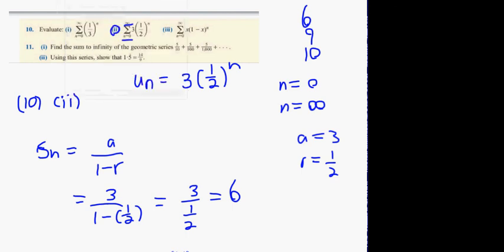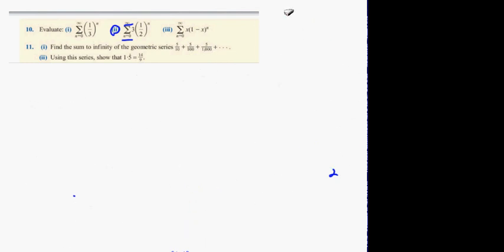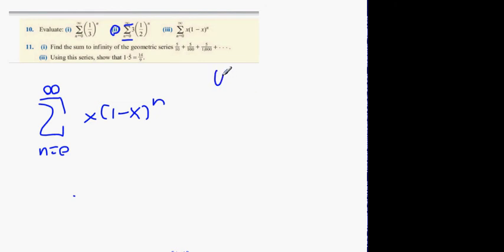Okay, so now we're on 10 part 3. In 10 part 3, we have the sum of infinity, n equals 0, of x times 1 minus x to the power of n. Okay, so we have to find out what's going on this time. Once again, U0 is x multiplied by 1 minus x to the power of 0, and any number to the power of 0 is 1.